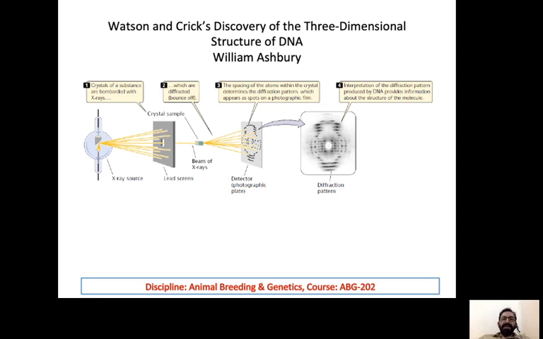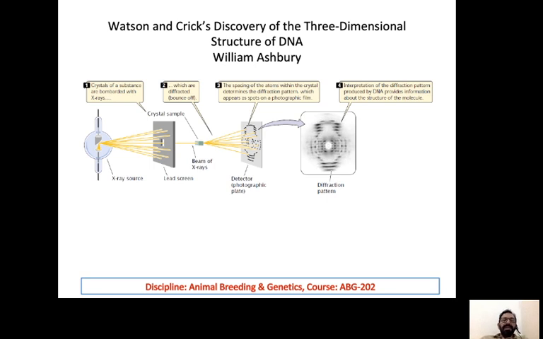So once it was established that DNA is basically the genetic material, the structure of the DNA was the challenge for the scientists. A lady named Rosalind Franklin conducted an experiment for the first time using crystallography, or X-ray diffraction technique, and transferred that image to film, but unfortunately she could not derive a structure out of that.